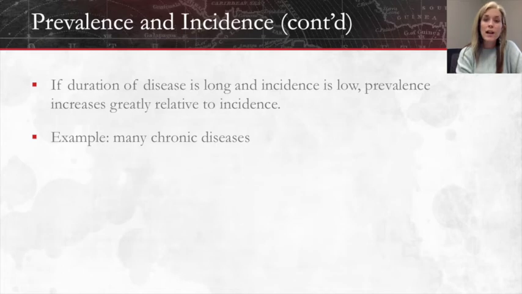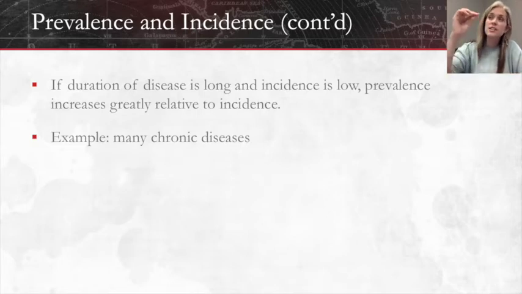and so the number of new cases and the number of existing cases tend to equal out. However, if the duration of the disease is very long, so that means the time spent as water in the bathtub is very long, and the incidence is low, so the water is just dropping at a very low rate, then ultimately what happens is the prevalence starts to increase in numbers relative to the incidence.